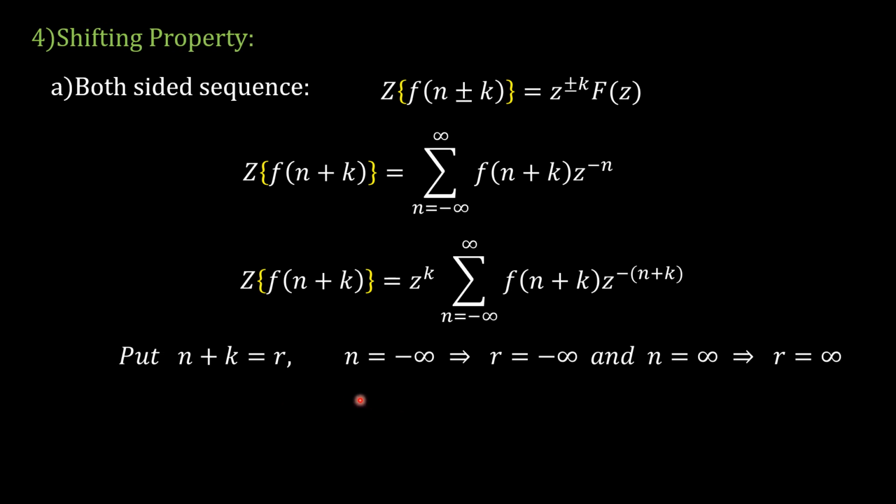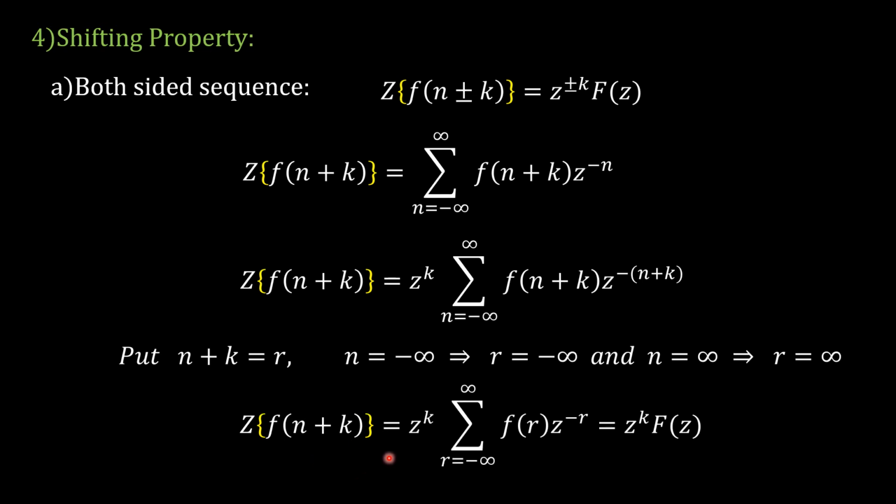Therefore we get Z transform of f of n plus k as equal to z raised to k summation r runs from minus infinity to infinity f of r z raised to minus r, which is nothing but the definition of Z transform. So it gives us z raised to k F of z.